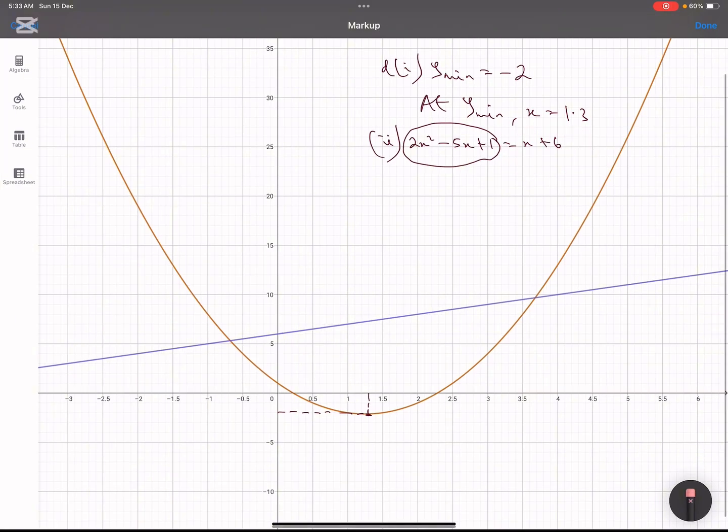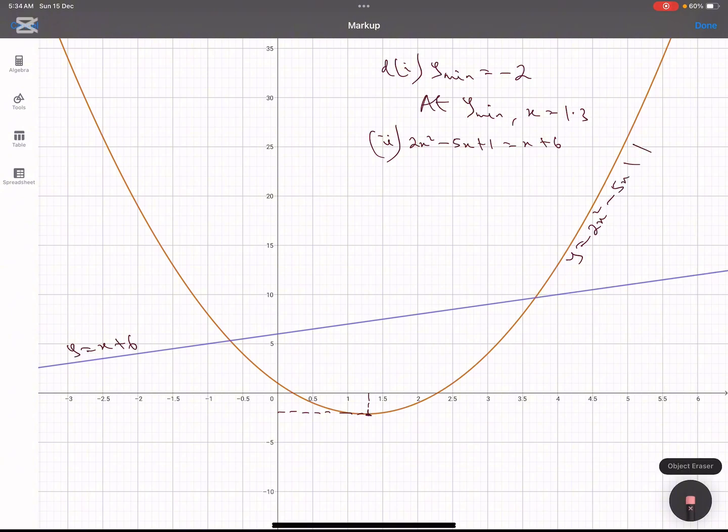So the points of intersection of those two graphs give the solutions. This straight line is a graph of y equals x plus 6, and the curve is a graph of y equals 2x squared minus 5x plus 1.